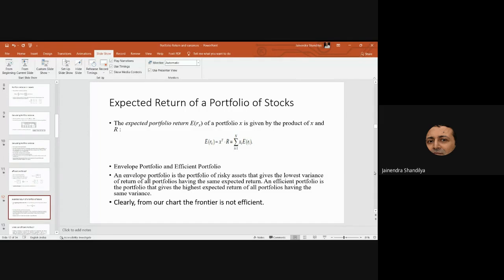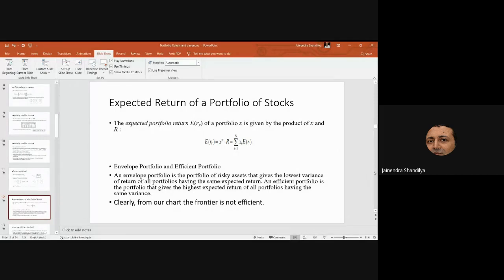And the efficient portfolio is the portfolio that gives you the highest expected return of all portfolios having the same variance. So they are complementary, envelope portfolio and efficient portfolio, in the sense that an envelope is a combination of risky assets that gives you the lowest variance, because we are concerned about the risk. So we draw the envelope portfolio, from where we will have the efficient portfolio that will give you the highest expected return of all portfolios at the same variance.